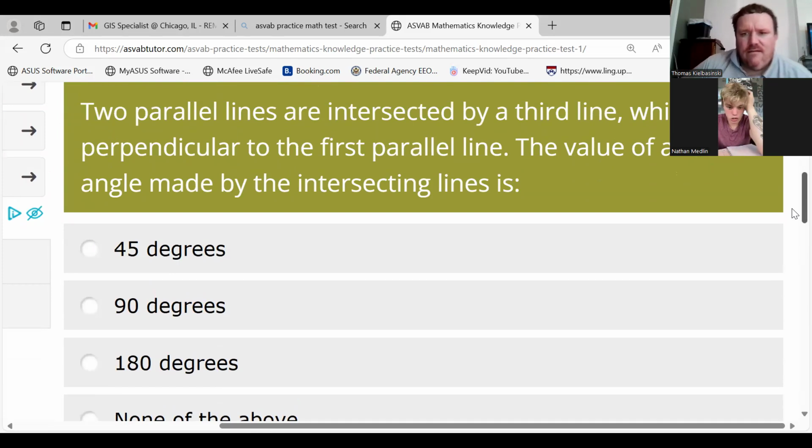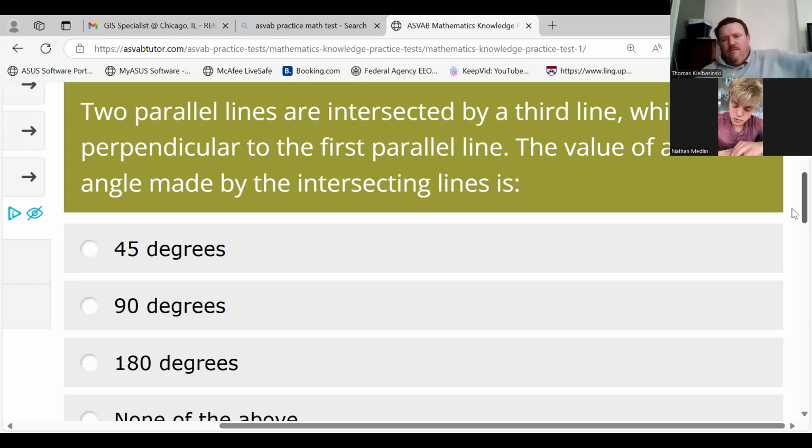Is this all geometry? Two parallel lines are intersected by a third line, which is perpendicular to the first parallel line. The value of another angle made by the intersecting line is... Parallel is sideways, right? It goes like this.